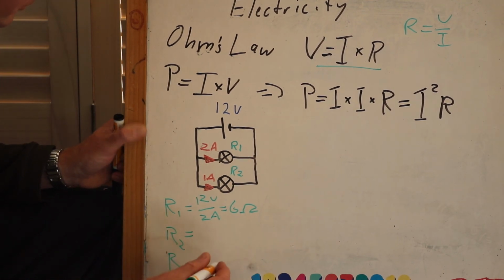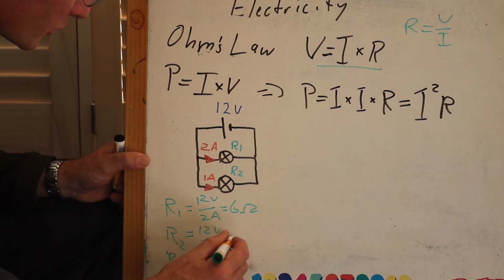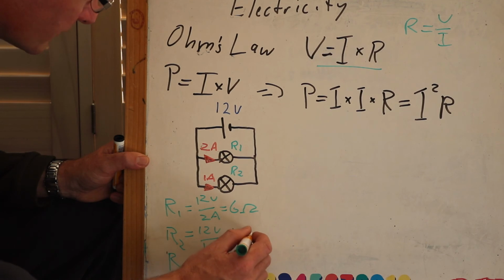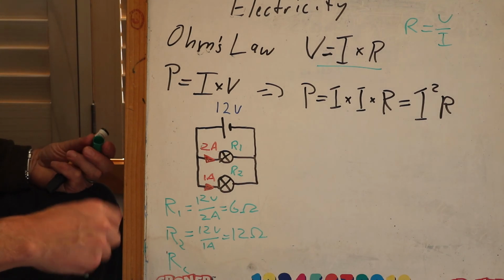Resistor 2, 12 volts divided by 1 amp equals 12 ohms. What about the circuit resistance?